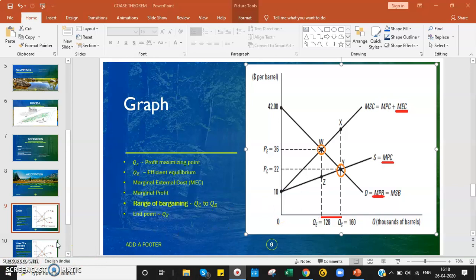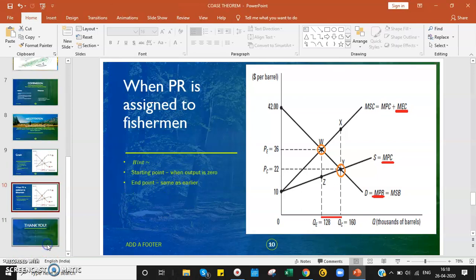Now this was the case when property rights are assigned to industry. Now let's see when property rights are assigned to fishermen. In this case, as I mentioned earlier, the result which we will achieve will be similar to what we achieved just now, which is that we will end up at point QE, which is the efficient level of production.